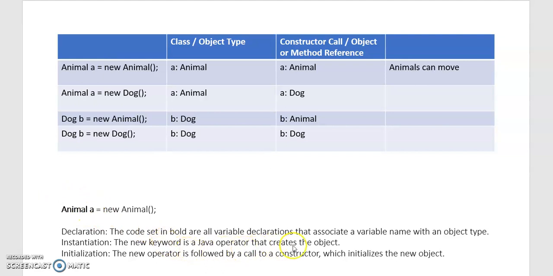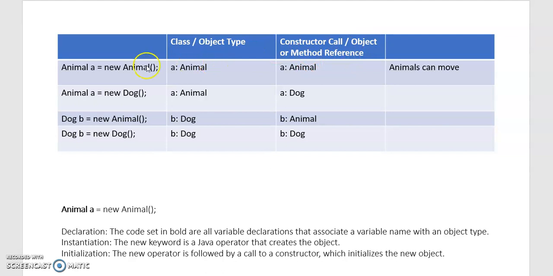The new keyword is to create the object, and the job of this last part is to provide a reference to the method, or it is basically a constructor. You can see that Animal with brackets is given, which means it is a function. Now when you have a function with the same name as that of the class, then it is definitely a constructor. So basically the role of this statement is to give a constructor call or a method reference.